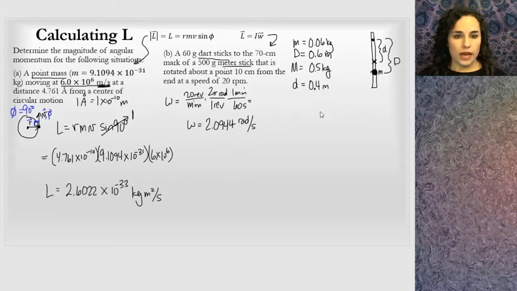To calculate the angular momentum, I need I omega. And so let's start looking at that I value. Notice that we have 2 objects in the system. We have the dart and we have the meter stick. So I total is going to be I dart plus I meter stick. And I'm also going to note that the meter stick isn't being pivoted around its center of mass, but some other point.